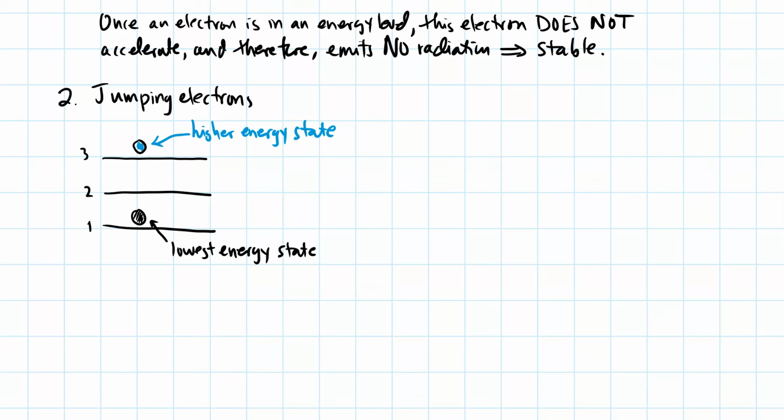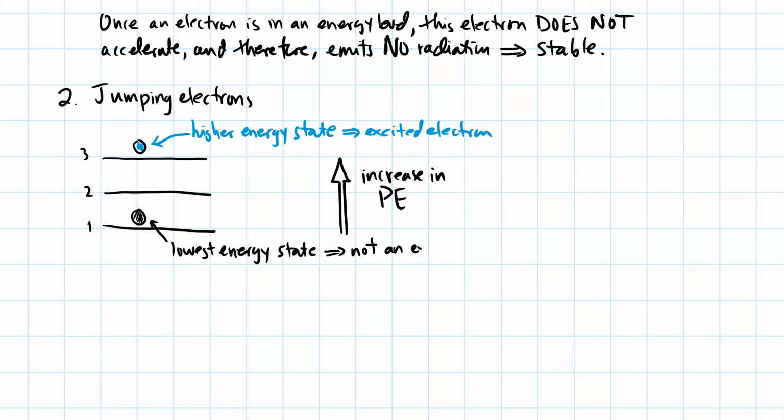What this energy level is saying here is that as you go upwards in energy level, there's an increase in potential energy. It's electrical potential energy. So a higher energy state implies that this is an excited state. When an electron is in the lowest state, this is not an excited state.